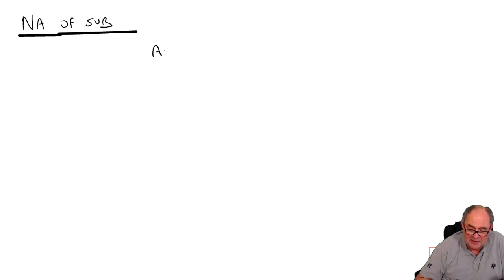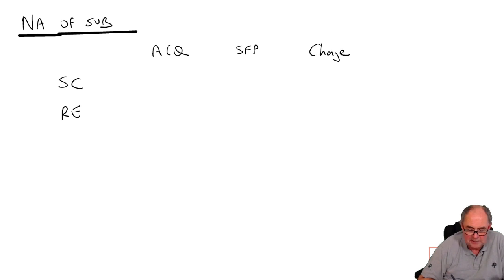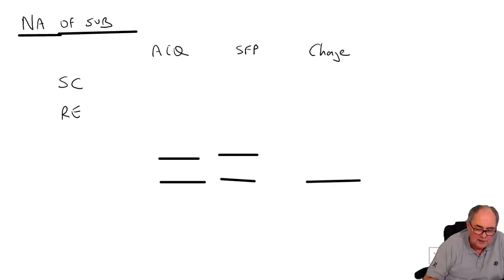You need to find out the net assets of the sub at acquisition, the net assets at the SOFP date, and the change. Many of you will be used to using this. Down the side, you list the reserves. So share capital, retained earnings, fair value adjustment, and that will give you the total figure.